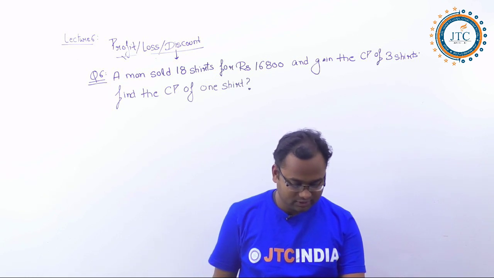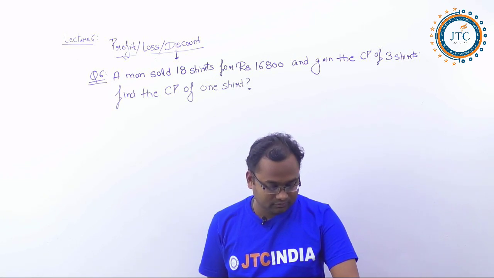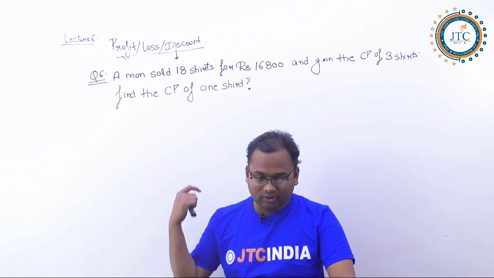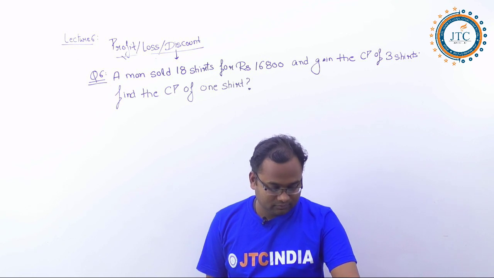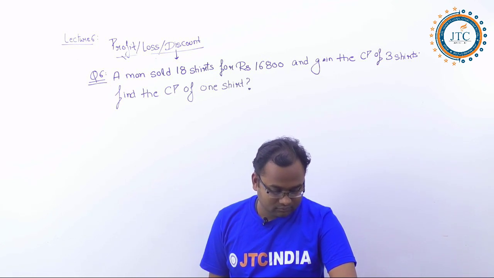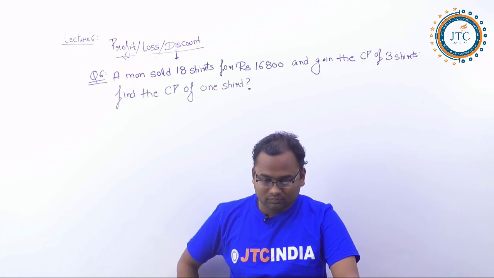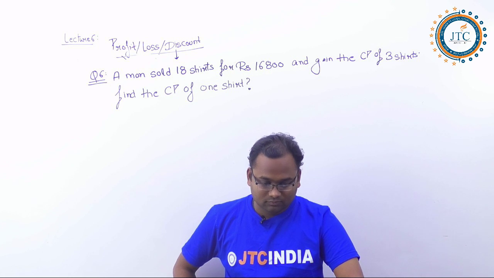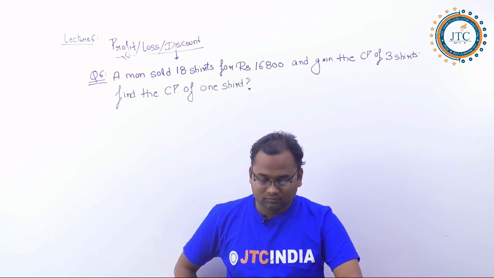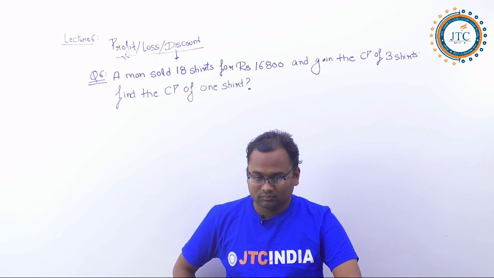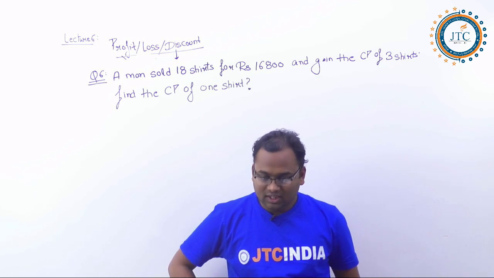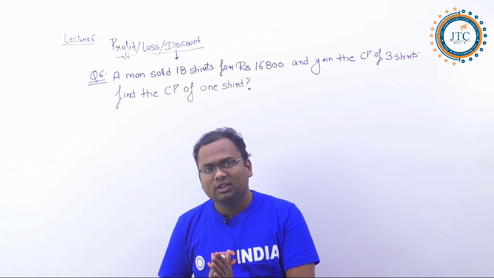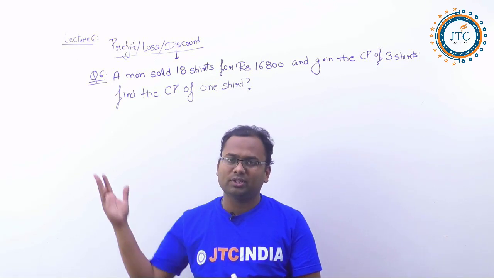What is the answer of this question? Try to solve this question. The concept is similar to the previous questions, like question number 3, question number 4, question number 5.